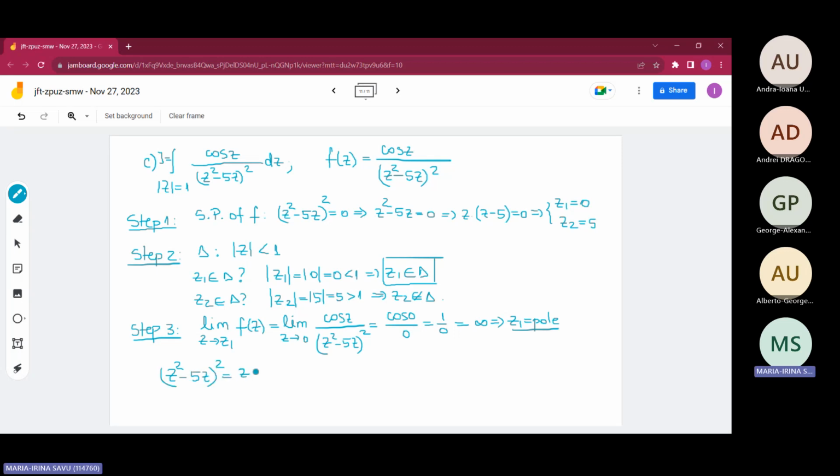So this could be written as z times (z minus 5), everything squared, which is z squared times (z minus 5) squared.